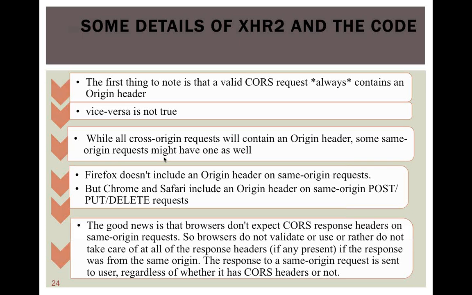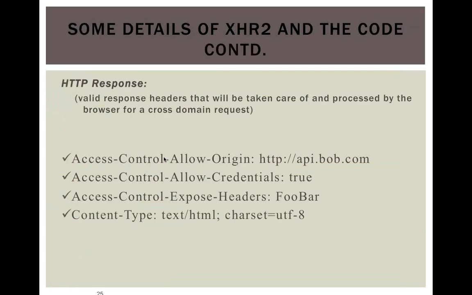As you can see over here, I'm sorry, I didn't switch the slide. Here you see Access-Control-Allow-Origin. If I say api.bob.com, it means I'm allowing api.bob.com to come and access the properties of my domain, which could be alice.com. So that's how we allow it.